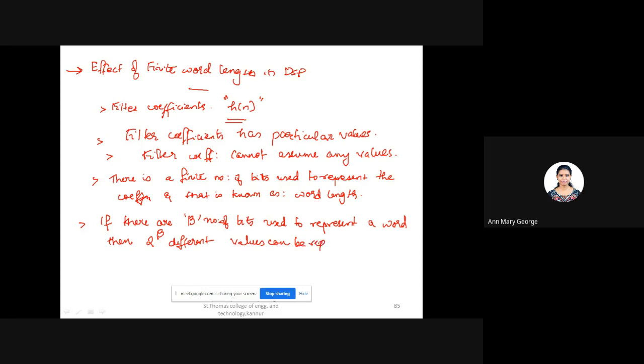Note down, if there are b number of bits used to represent a word, then 2 raised to b different values can be represented.